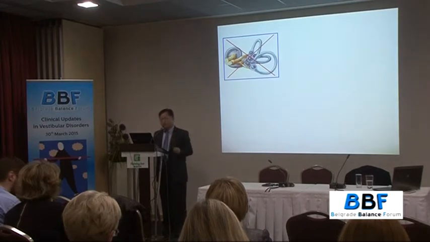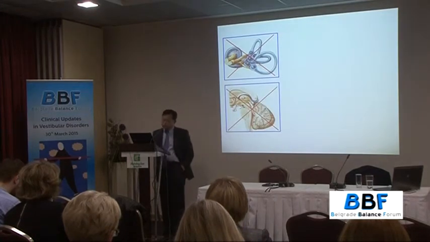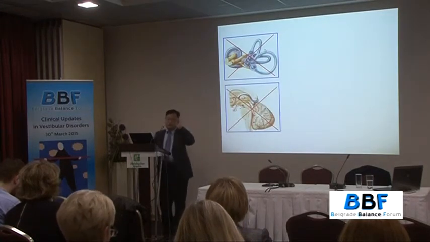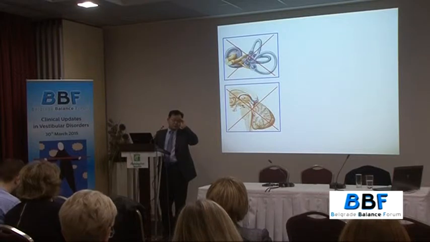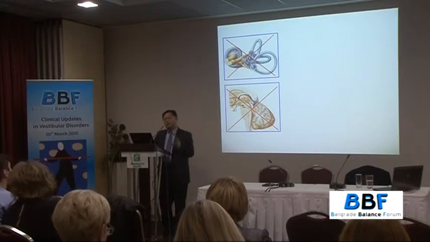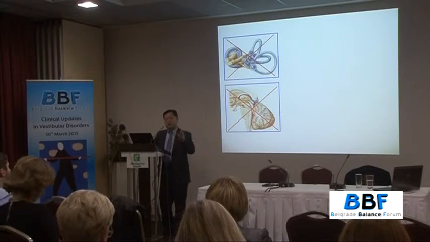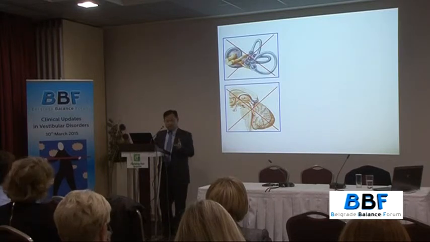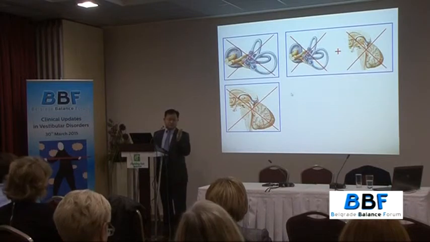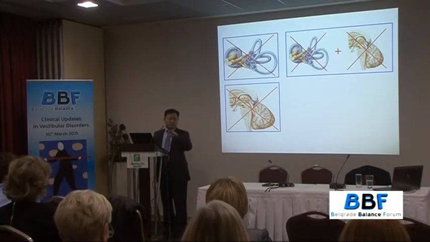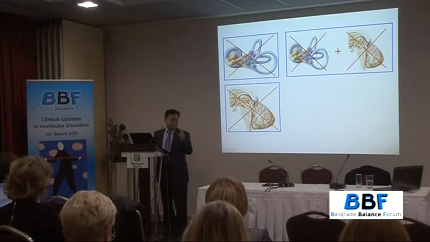But as you know, the neurologist usually doesn't know anything about the inner ear, so that's the problem. And the ENT doctors are mostly afraid of the brain. So in case of combined peripheral and central vestibulopathy, they only see what they want to see.